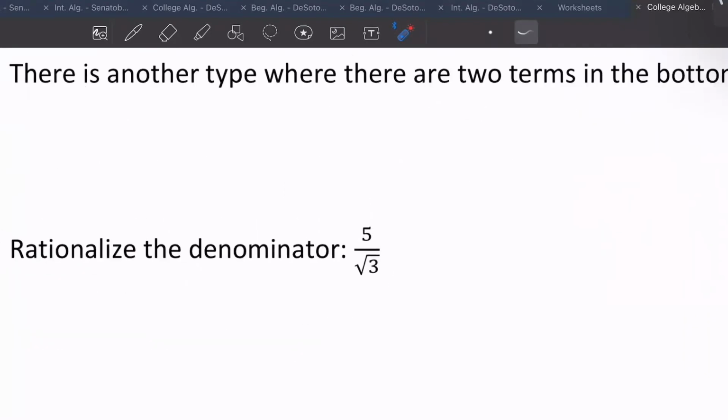So I give you directions and I say, okay, I want you to rationalize the denominator. That means that I want you to simplify this to where there is no longer a radical in my denominator. Okay, that's what rationalizing the denominator looks like.